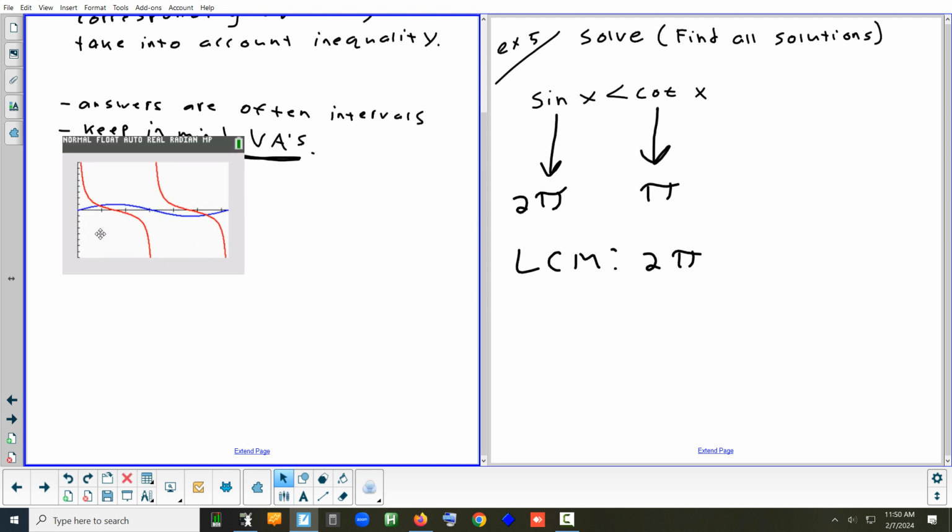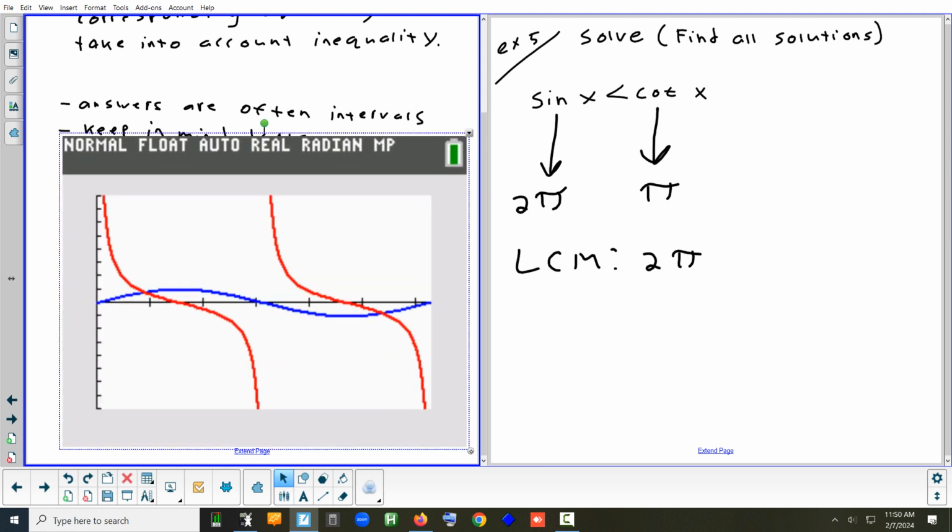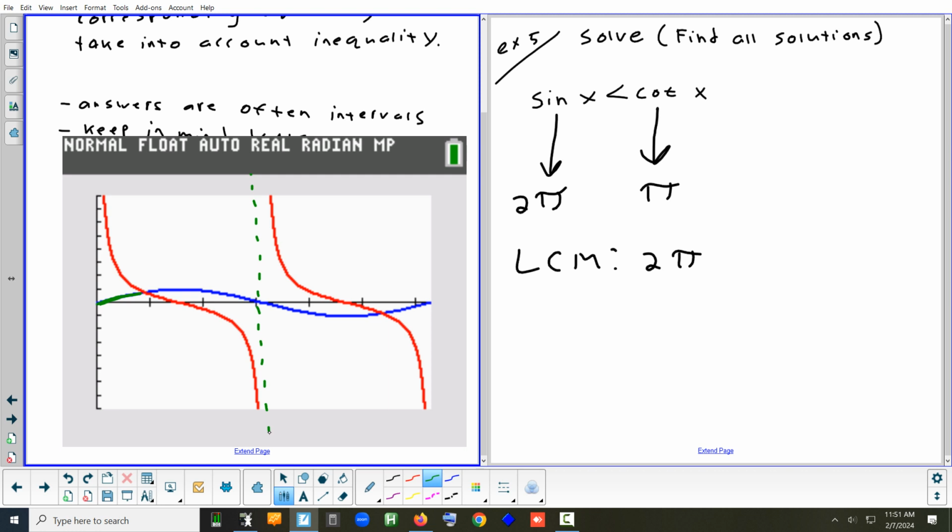So let's make this a little easier to see. Where is the blue graph under the red one? Well, I would say that happens here to here. And then, does it ever happen again? Yes. There's an asymptote right there.